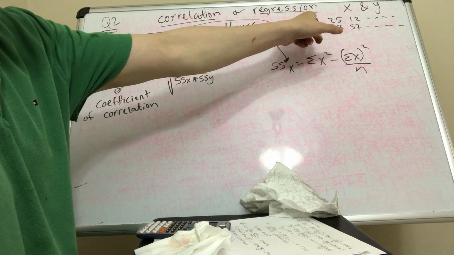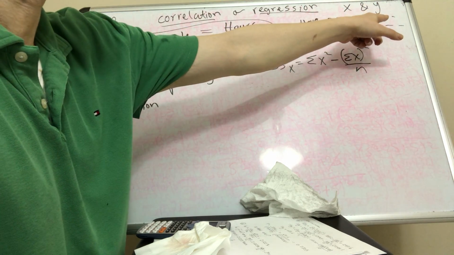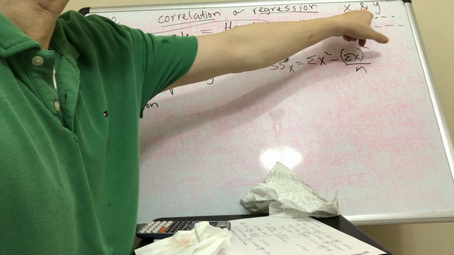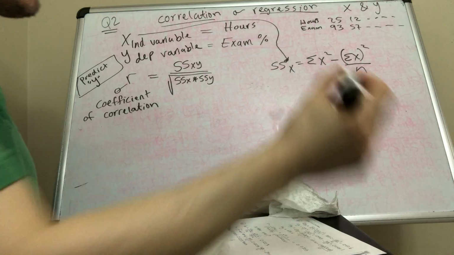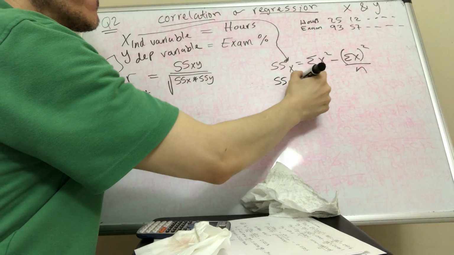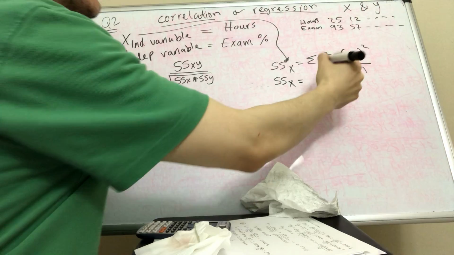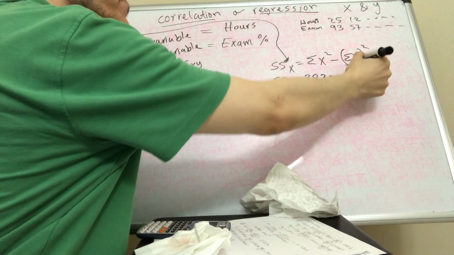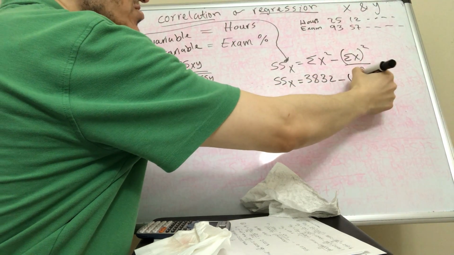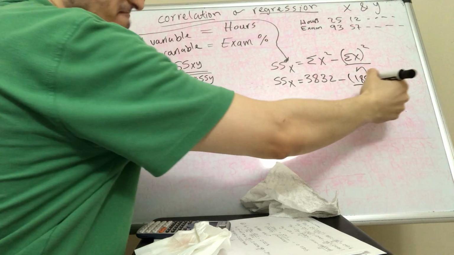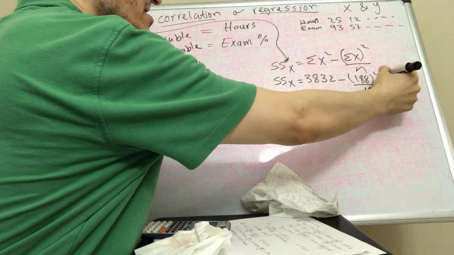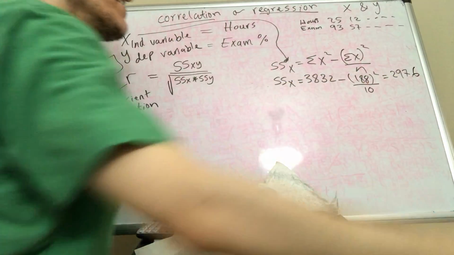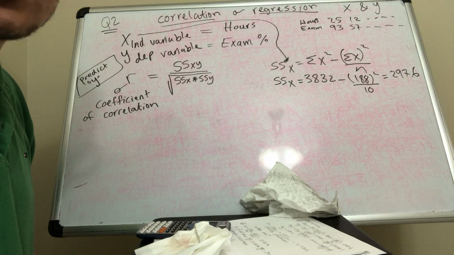For the sum of x, since x is hours, you add up the numbers here. And for the sum of x squared, you square each number individually, and then you add them all up. I did that. This one is 3832. This one is 188 squared and we divide by 10. 297.6. That's the answer for the first one.